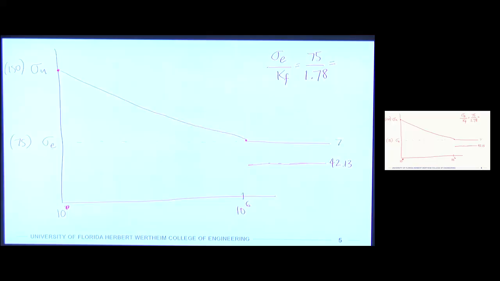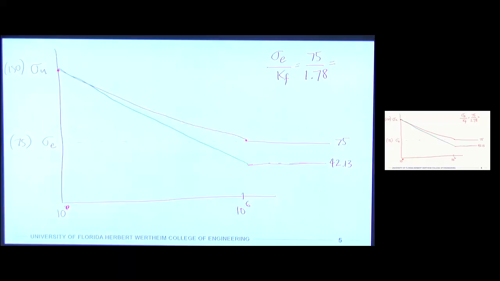And this was 75. So this is now our endurance limit, which is modified by that factor KF. But when we get to that super low number of cycles and we're trying to assemble this diagram, our ultimate strength hasn't changed. So we can draw a straight line from the ultimate strength down to that line at 10 to the 6, like that.